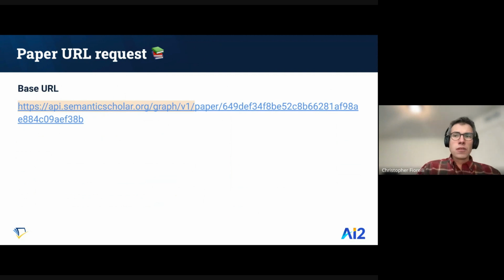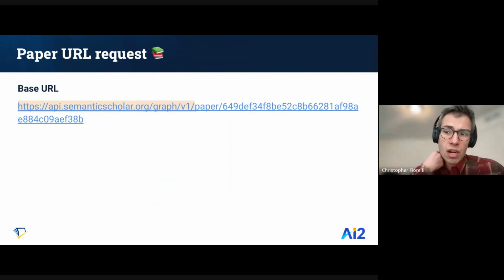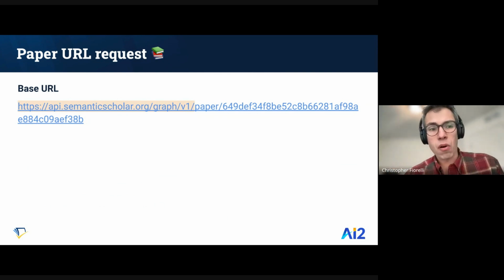So just to get you started, the first example of requesting data is a URL request. This URL is something you could paste into your browser right now, and you would get some results in the browser. I wanted to explain a little bit more about the structure of the URL.